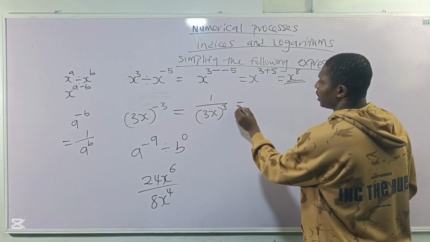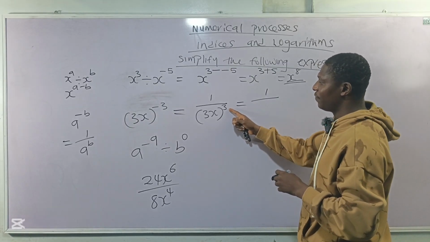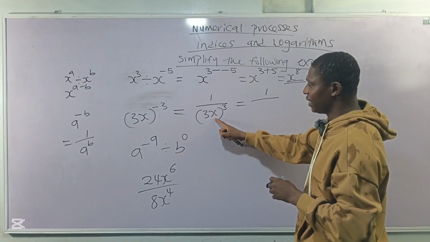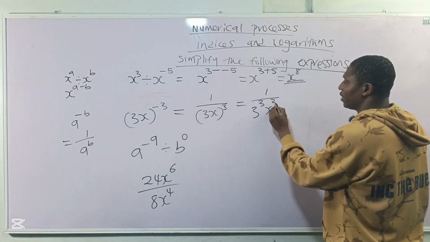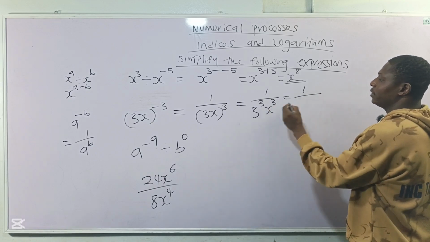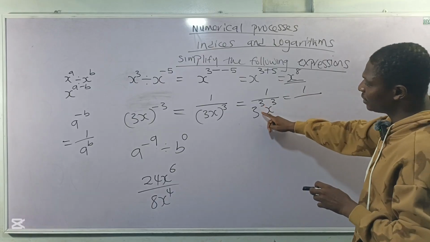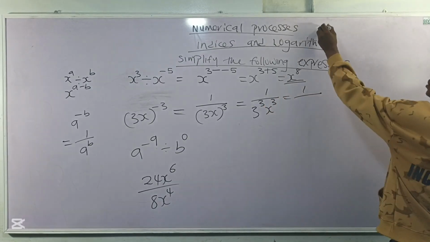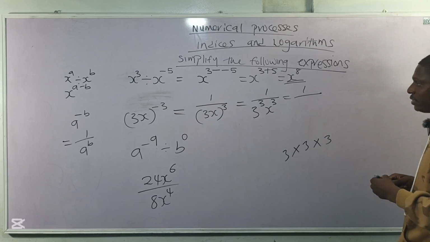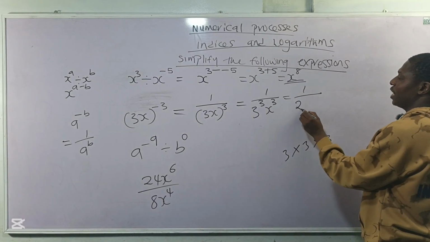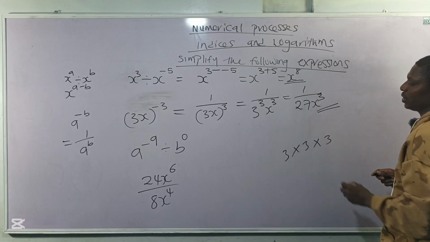And we can have this as 1 all over this 3 affects this 3 and this x. So you can write it as 3 raised to power 3, x raised to power 3. And 3 raised to power 3 is not 3 times 3, which is 9 please. 3 raised to power 3 is 3 in 3 places, which is 3 times 3 times 3. 3 times 3, 9. 3 times 9, 27. So we simply have 27x raised to power 3 as our answer.